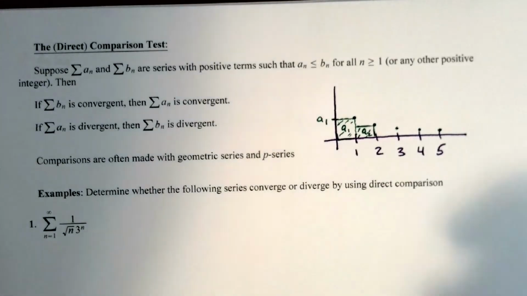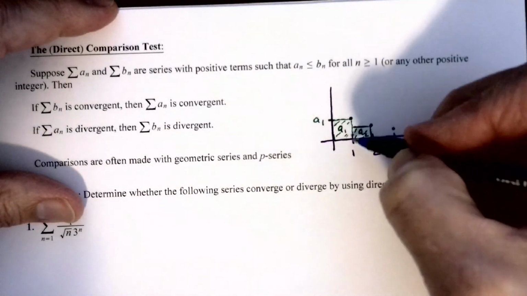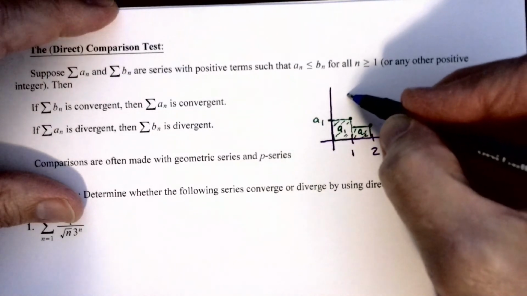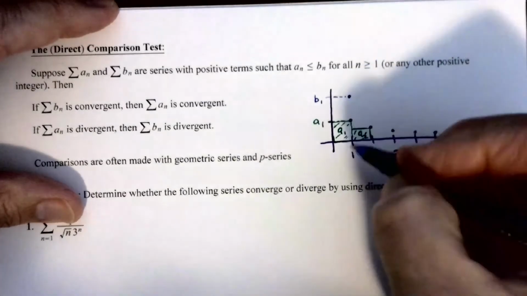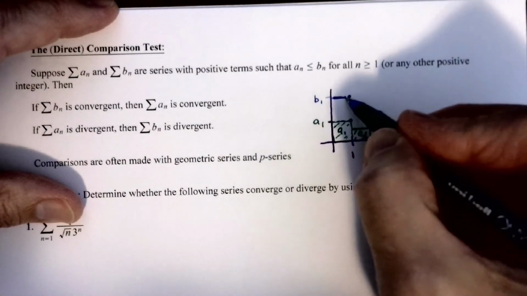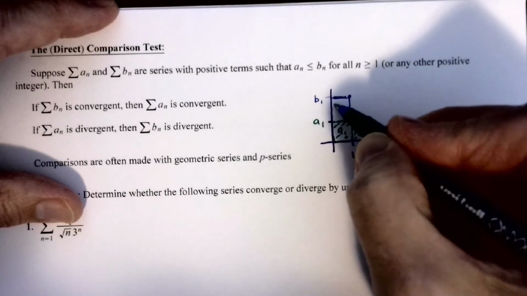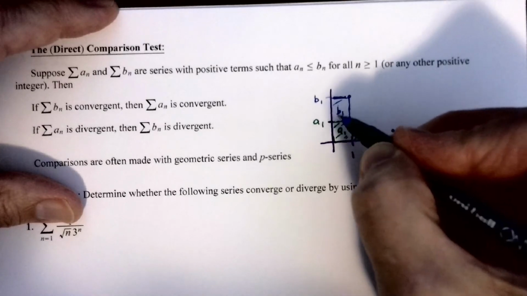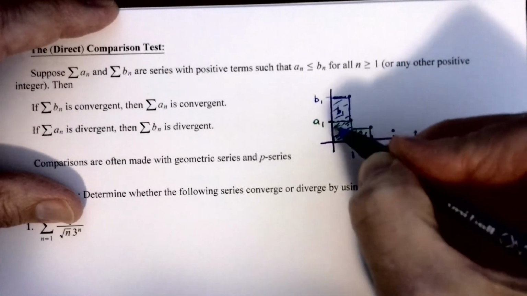The b sub n's, as we said, are greater than or equal to the a sub n's, they are bigger. So maybe b sub 1 is up here, so this is the height b sub 1: plug in 1, output b sub 1. But again, I'm going to think about this geometrically, as this rectangle has width 1, height b sub 1. So this is b sub 1, which is the green area plus everything all the way up.